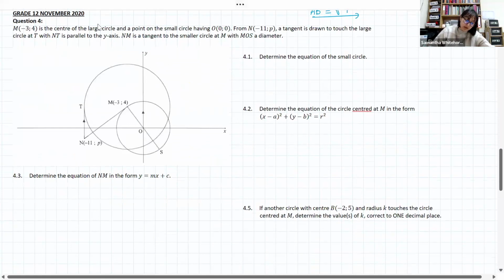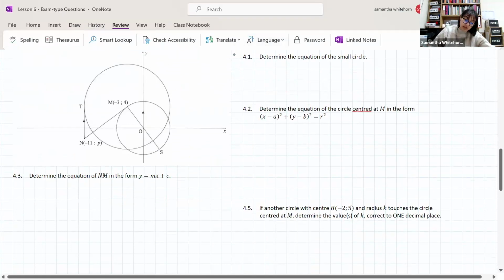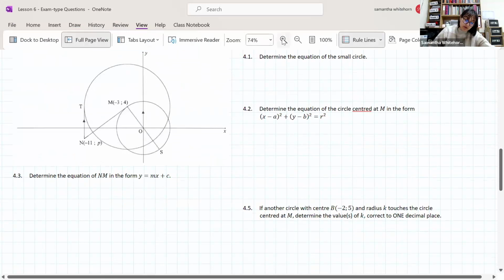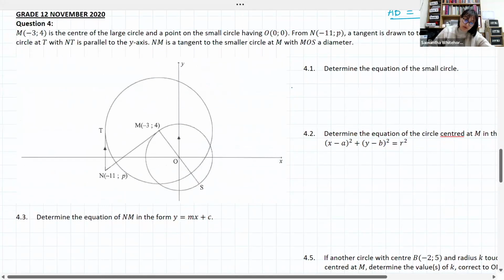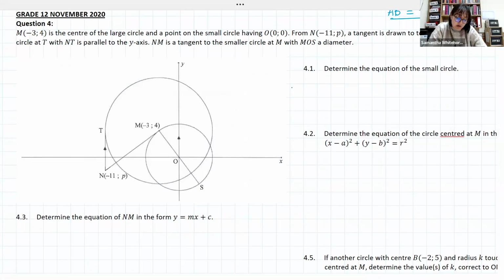Okay, let's have a look at this question. So here we've been given a circle and a circle, which is awesome. And we have been told M(-3;4) is the center of the large circle and a point on the small circle having O(0;0) as its center.